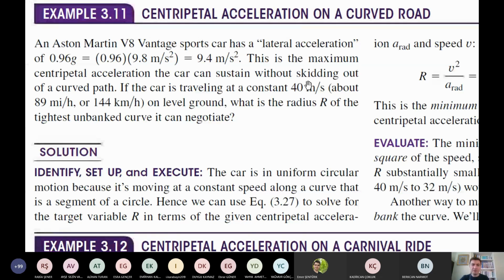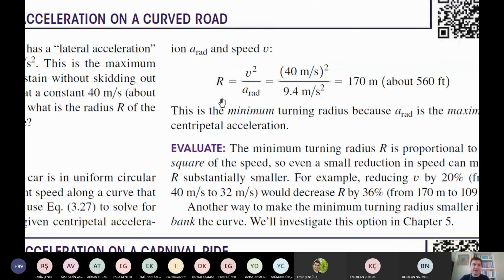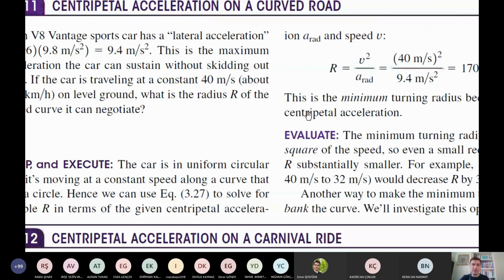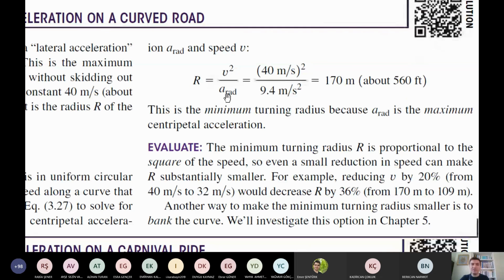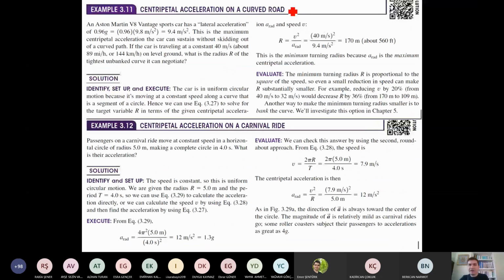So then what we have here, radius of the path is asked. Then we know that A radial is given by V square over R in uniform circular motion.